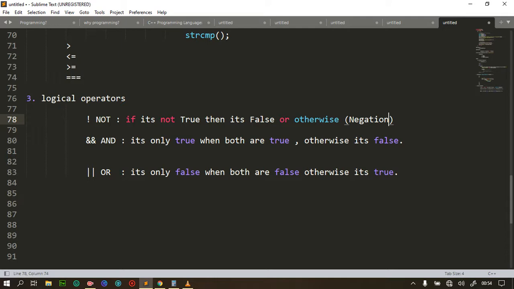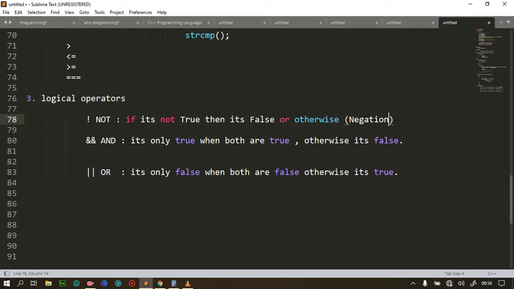Then we have or, which is a binary addition. Of course, in binary you have 2 values, we have 0 and we have 1. So if I say a 0 plus a 0, definitely that is a 0.